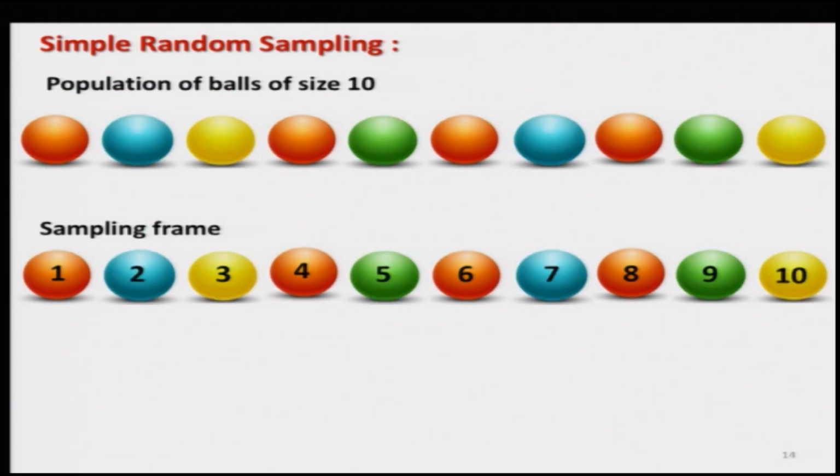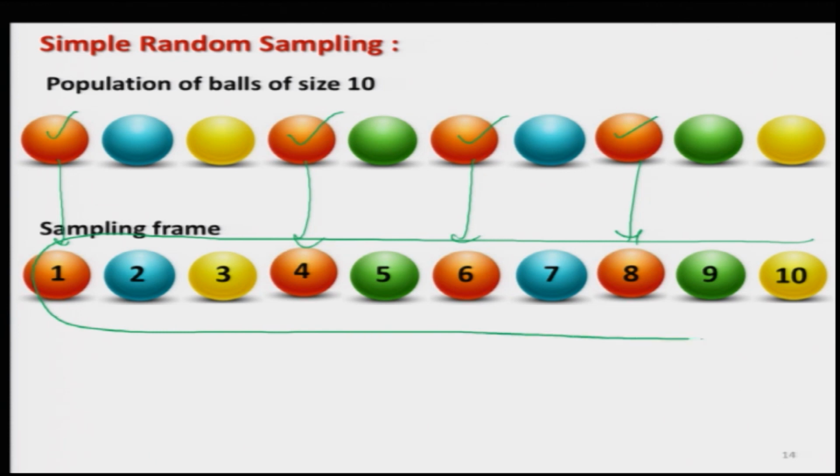And similarly, in the next example where I took different colors of balls, you can see here we had 4 red color balls, 1, 2, 3, and here 4, but now these 4 balls are different. They have been assigned number 1, number 4, number 6, and number 8. Similarly, all the balls have been assigned a number from 1 to 10, and now all the balls in this group are with some identification tag.